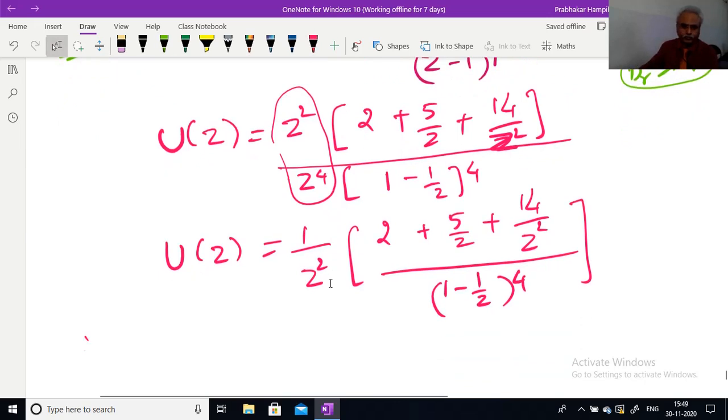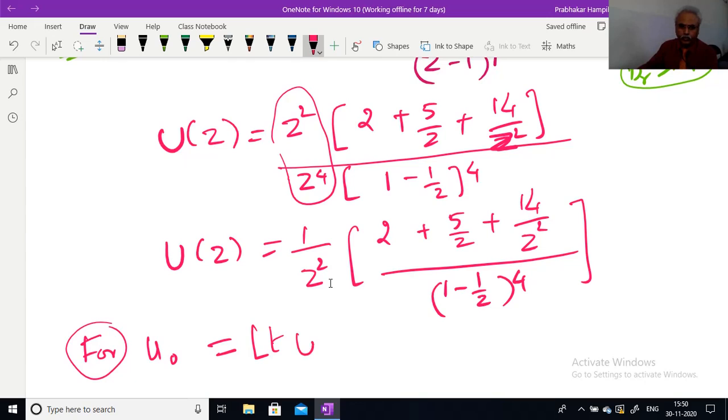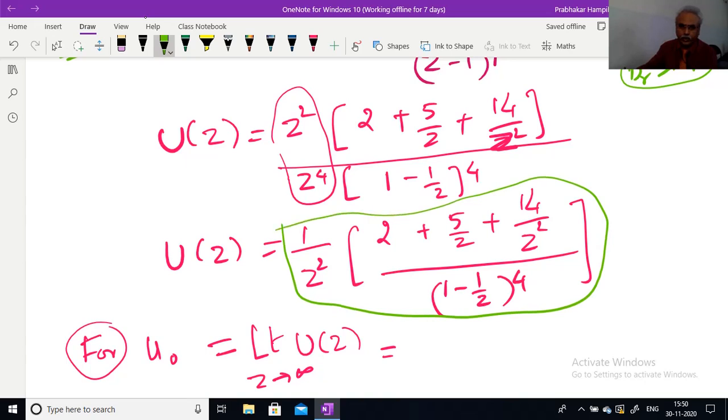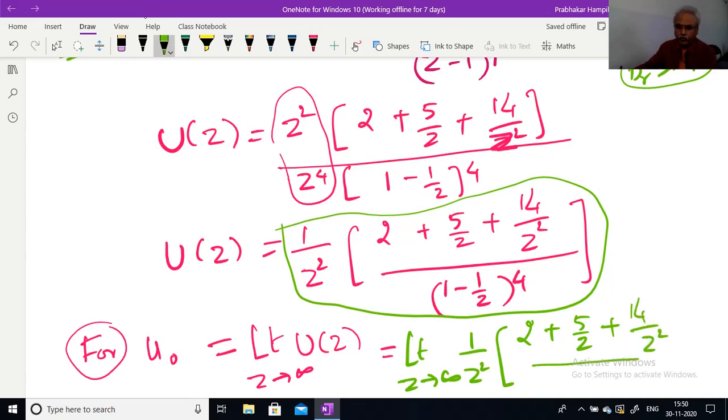Now u0 is directly the limit of u of z as z tends to infinity, which is the limit of whatever you have written just now. Let us observe what happens to this limit. Limit as z tends to infinity, whatever is there you just copy paste here, 1 by z square into bracket 2 plus 5 by z plus 14 by z square, whole divided by 1 minus 1 by z raised to 4.